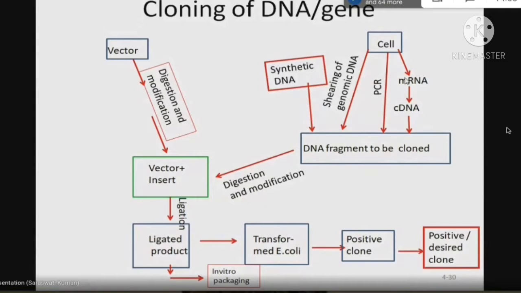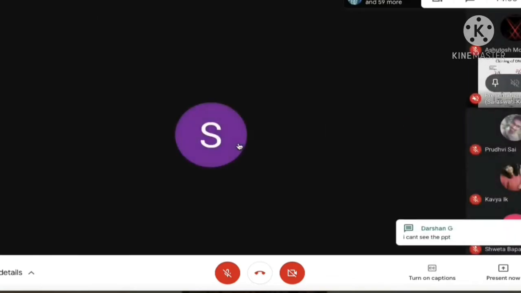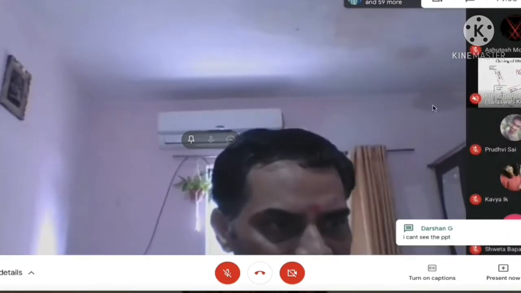PCR methods, mRNA and cDNA conversion. These are methods to isolate so that we will get the DNA fragment to be cloned. Then we digest it and modify it. Simultaneously, we take the vector and digest it.